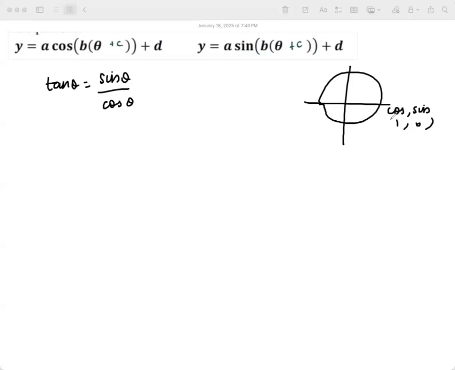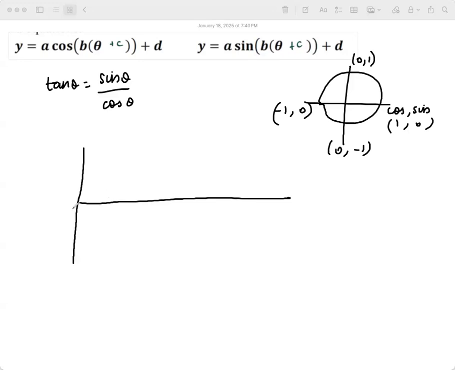It's 1 comma 0, 0 comma minus 1, minus 1 comma 0, and then 0 comma 1. So now when you want to plot the tan graph, let's go ahead with 0, pi by 2, pi. This we did last week actually.